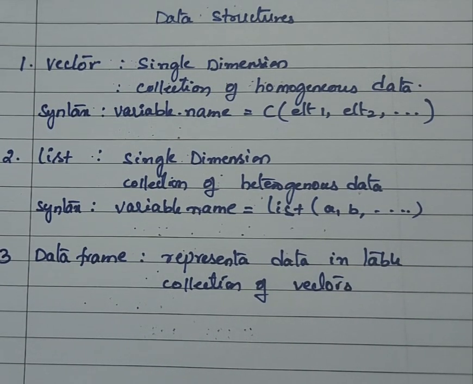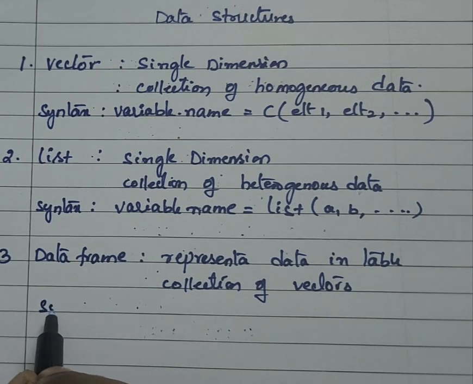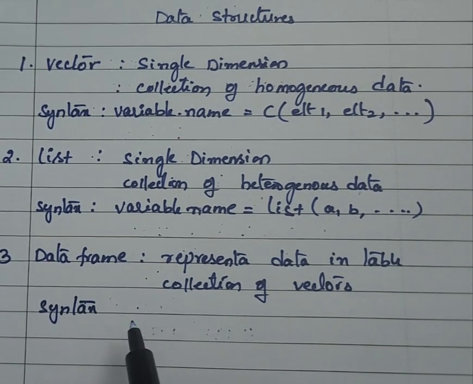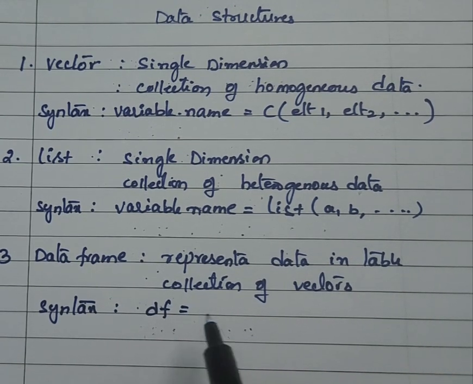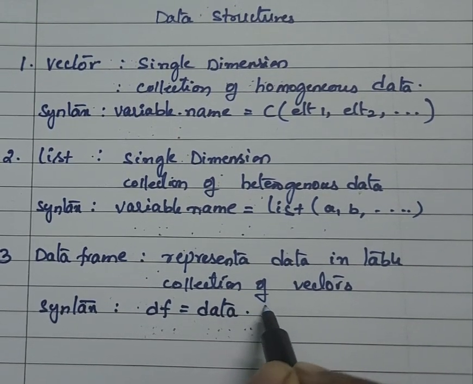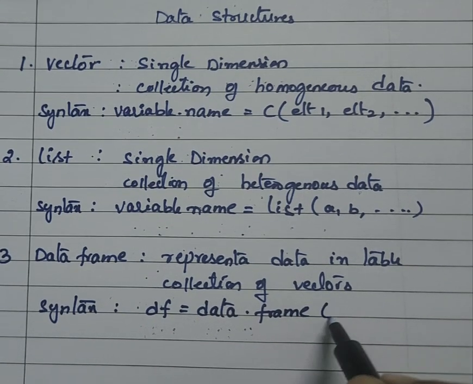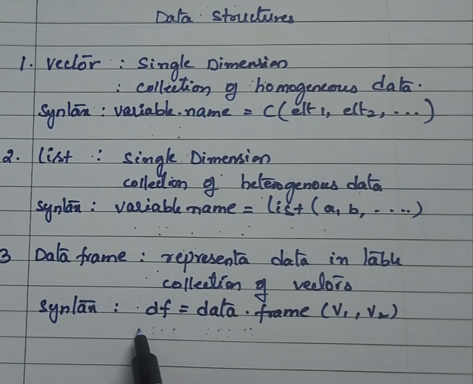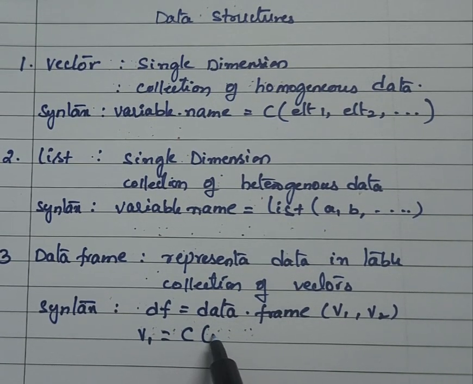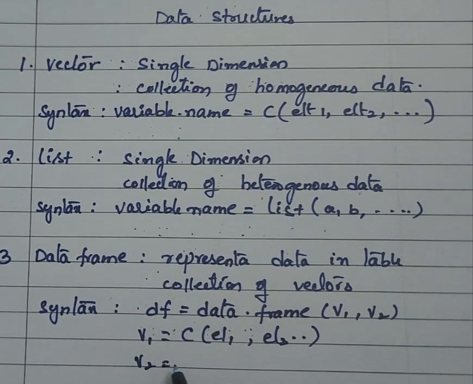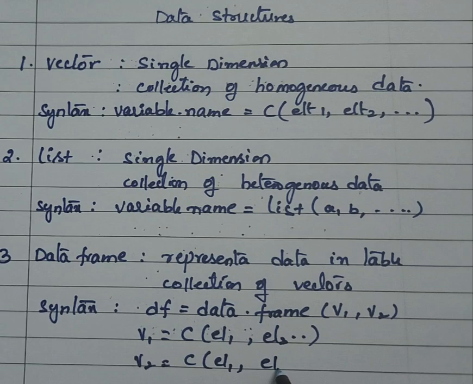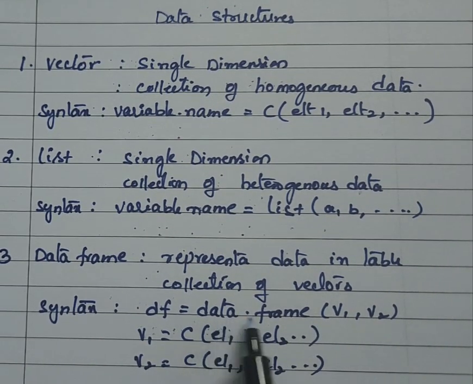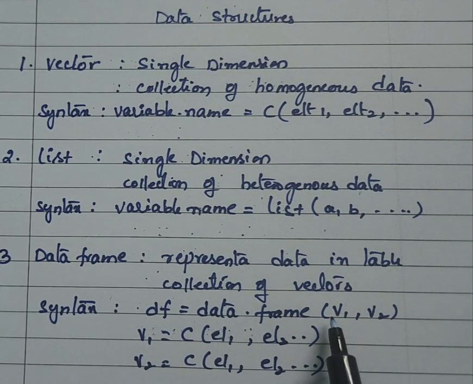Its syntax is df, data frame, is equal to data dot frame of v1, v2. Here v1 is c of element 1, element 2 and so on, and v2 is c of element 1, element 2 and so on.